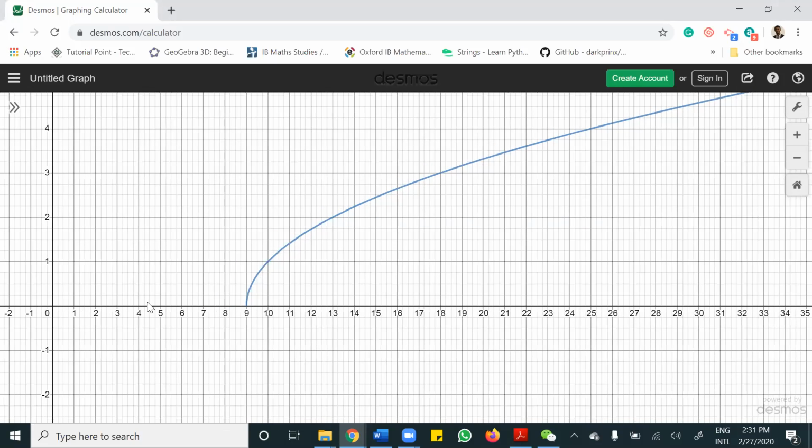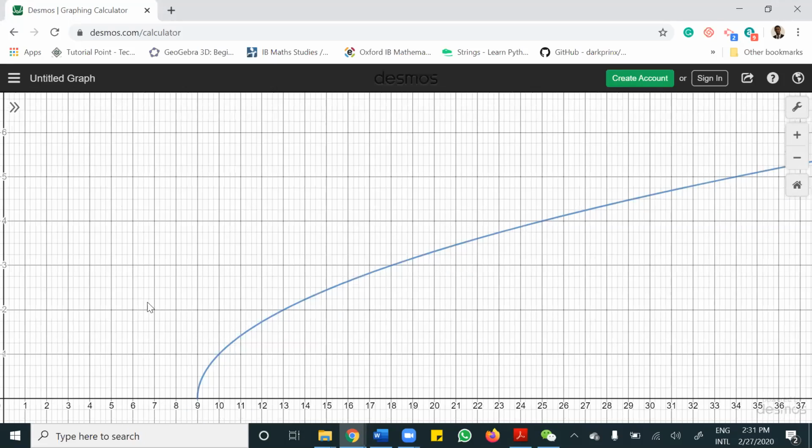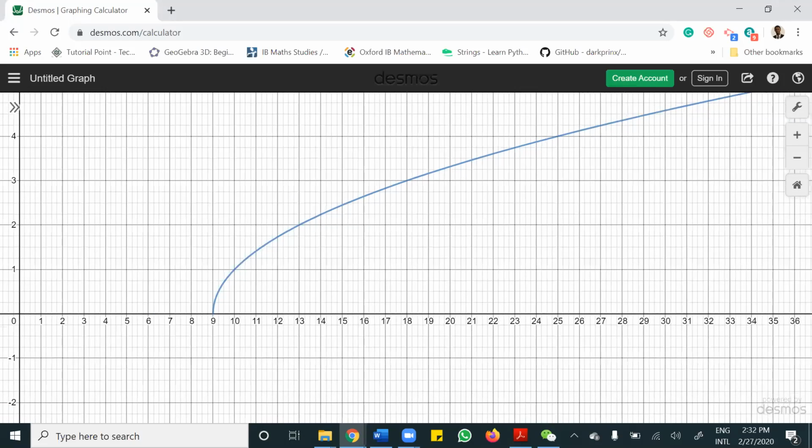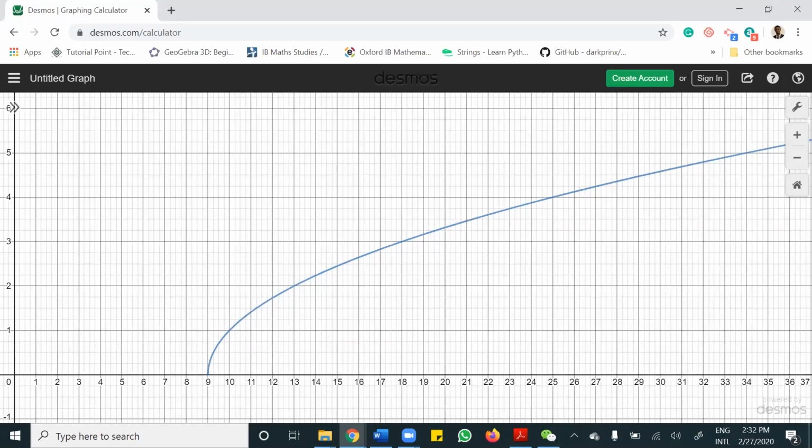So your domain is the set of x such that x is greater than or equal to 9. On the x-axis, where does it start from? It starts from 9 and goes forward, right? On the y-axis, it starts from y equals 0 and above. Understood?